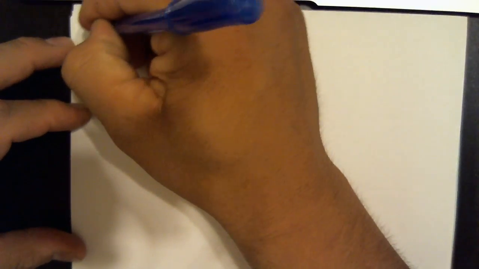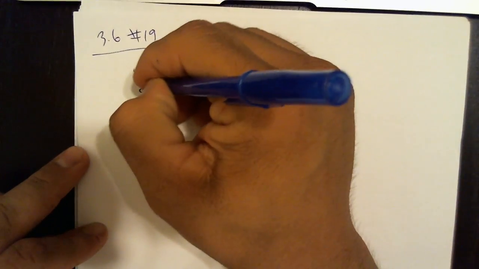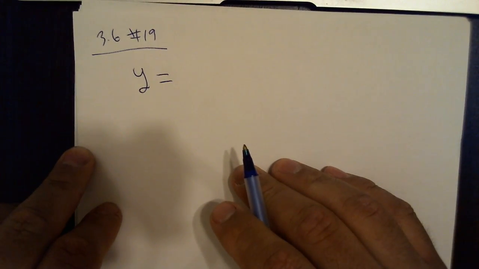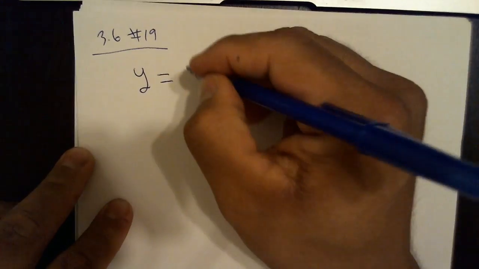All right, so this is a chain rule. So we have y equals 3x squared plus 7x, to the 10th power.